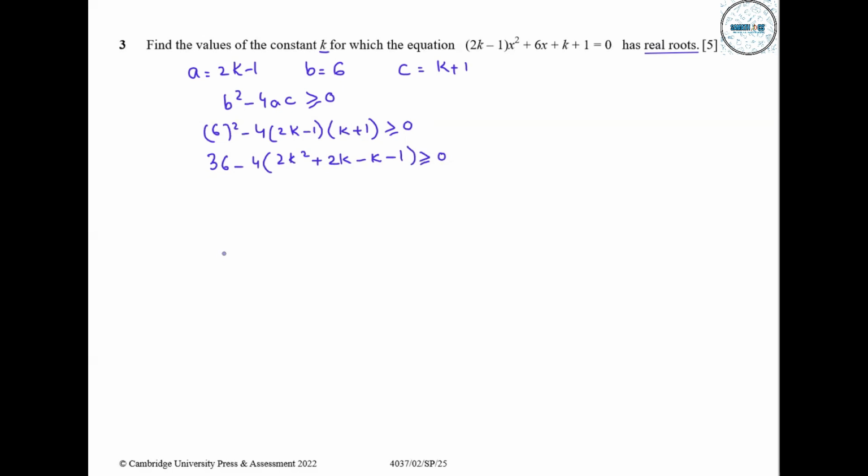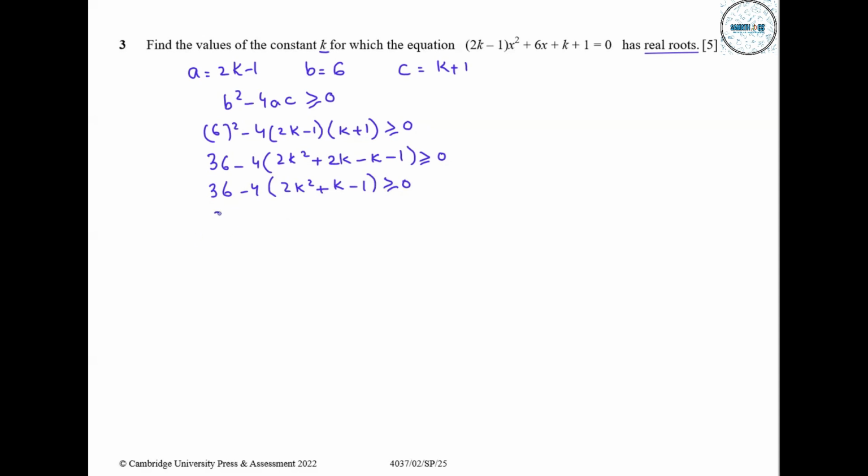We'll do the expansion of these two brackets. Now we will multiply this minus 4 with all of these terms. Or first we can simplify it: 2k square plus k minus 1 is greater than or equal to 0.